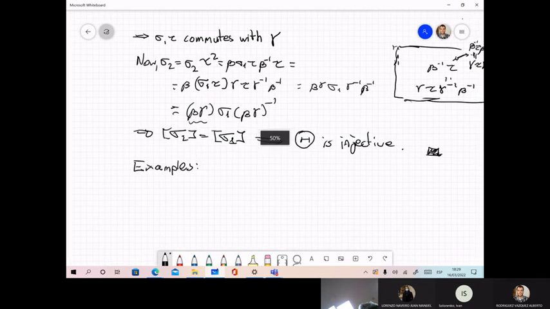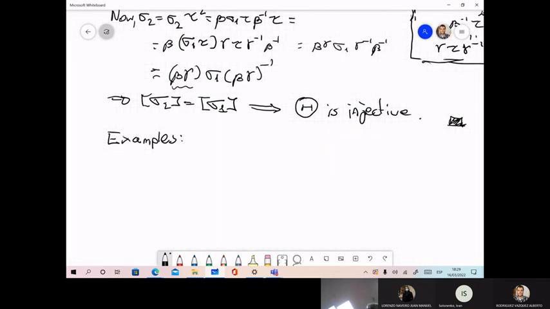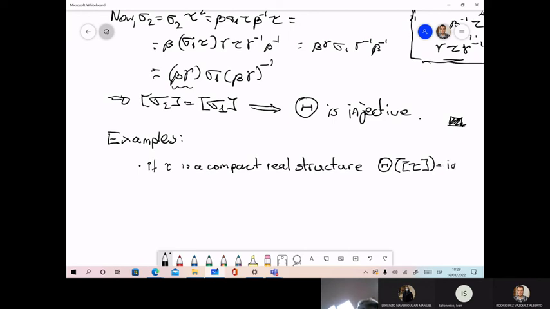Here we have some quick examples. For example, if tau is a compact real structure, the corresponding class of involutions is just the class of identity.